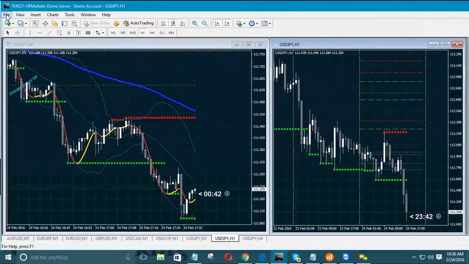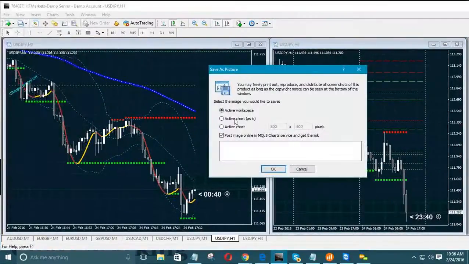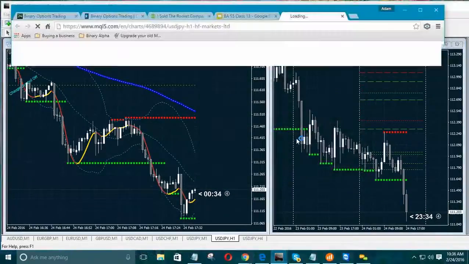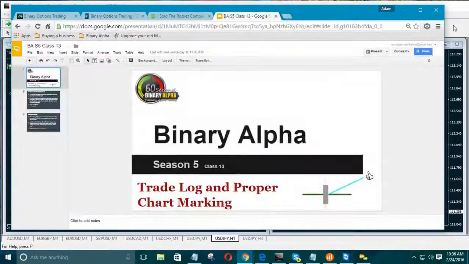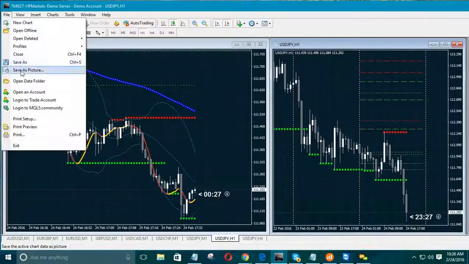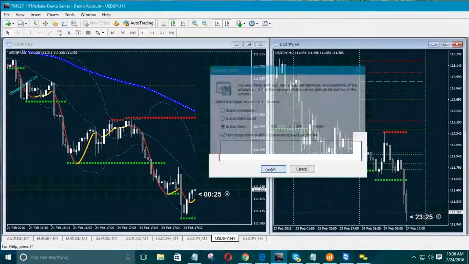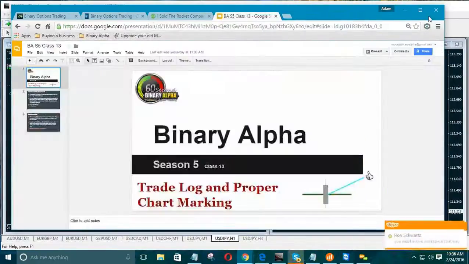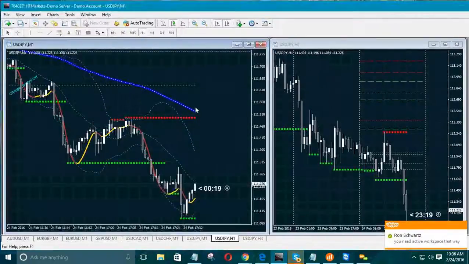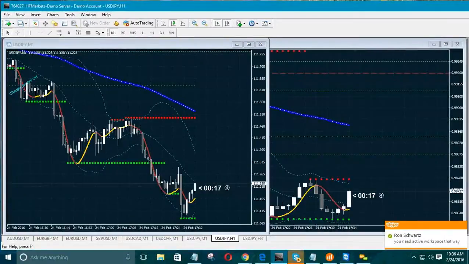I believe if I click here on save as picture, active chart, let me see, hold on. Nope, that did not do it, hold on. All right, never mind. Actually, you just have to save it as an active workspace then.